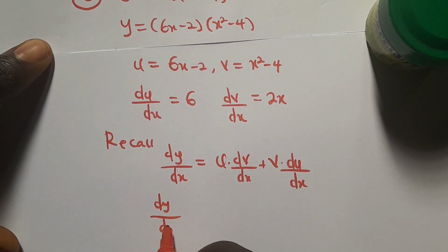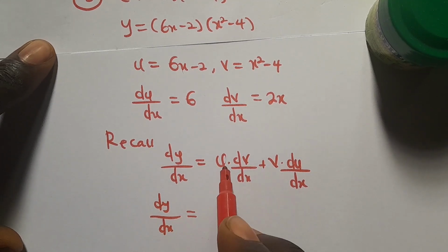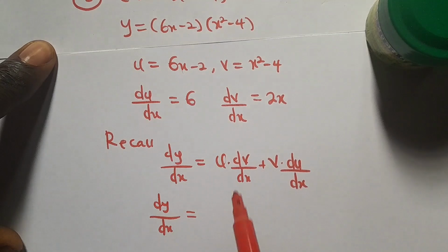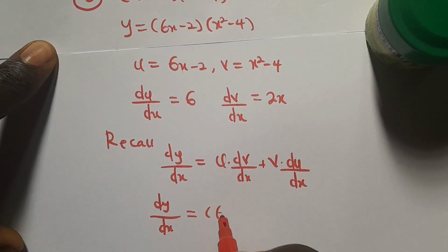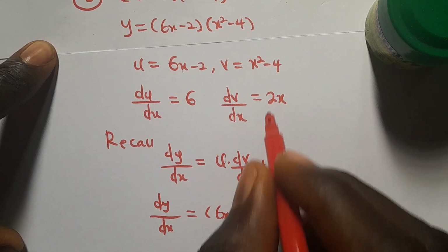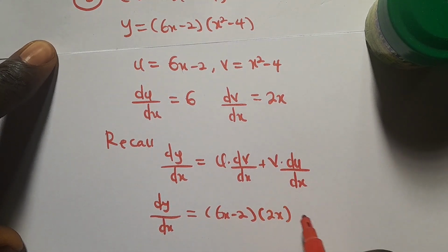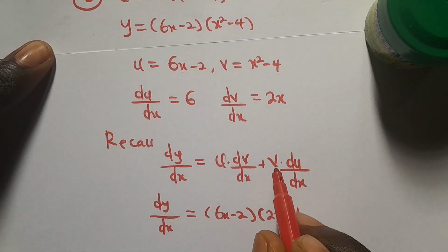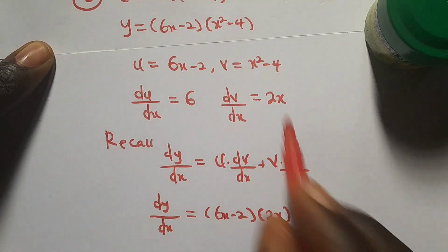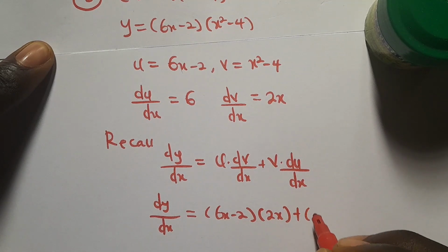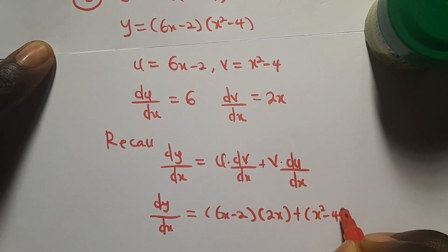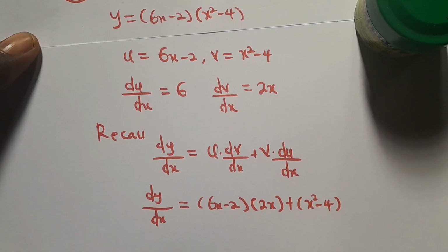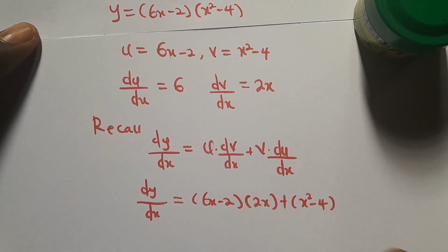So we have dy/dx, our u equals 6x minus 2, our d phi/dx equals 2x, plus our phi equals x squared minus 4, du/dx equals 6.